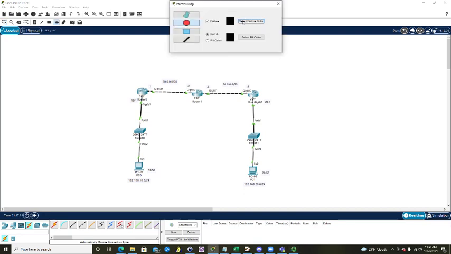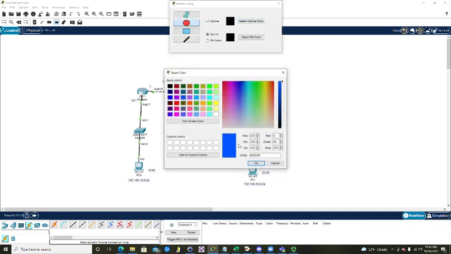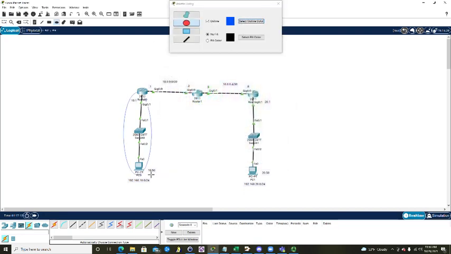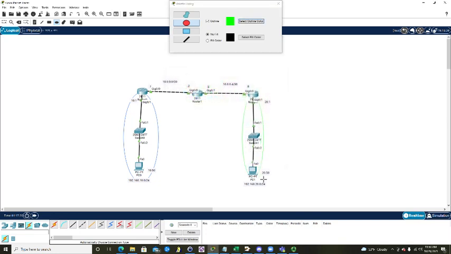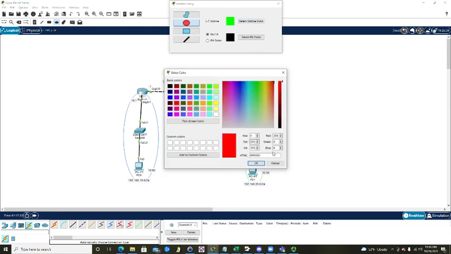So all in all, if we look at the networks that we have, we have our 192.168.10.0 network. We have our 192.168.20.0 network represented in that green circle.